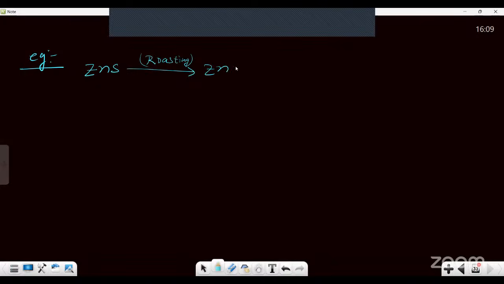Roasting will convert it into zinc oxide. Now zinc oxide, you can leach with sulfuric acid. This is called acid leaching. When ZnO is taken with H2SO4, it will get converted to ZnSO4 plus H2O. So you have got zinc sulfate.